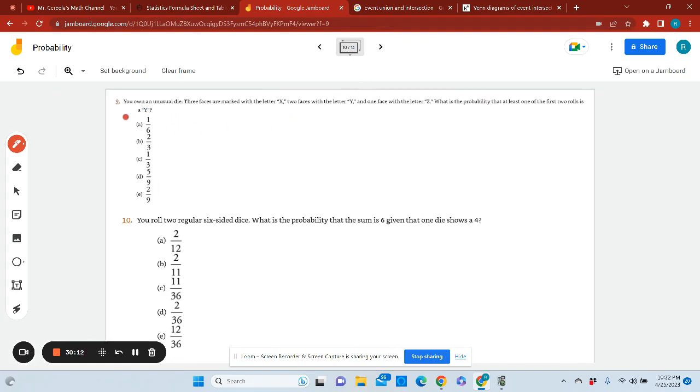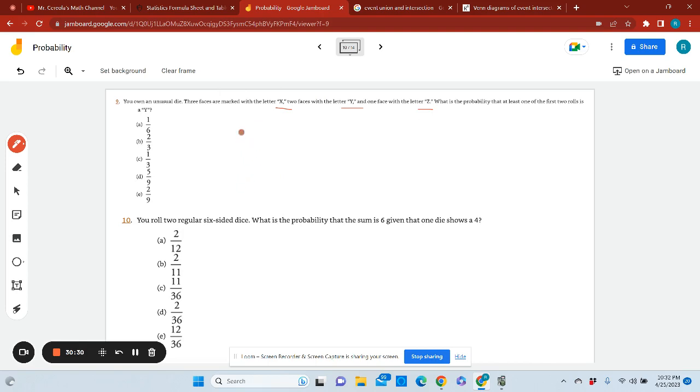Next, you own an unusual die. 3 faces are marked with an X, 2 faces are marked with a Y, and 1 face is marked with a Z. What is the probability of at least one of the first 2 rolls being a Y?